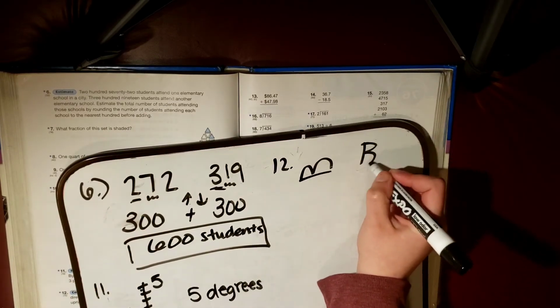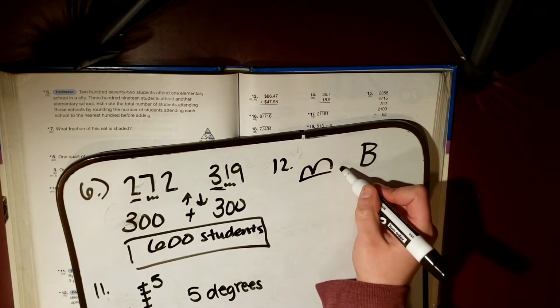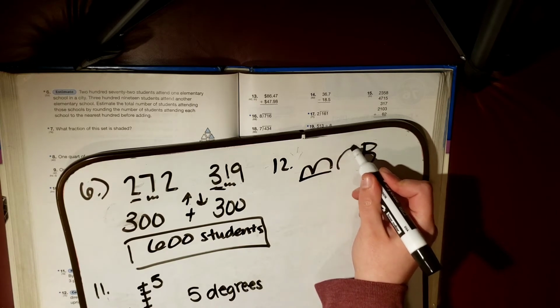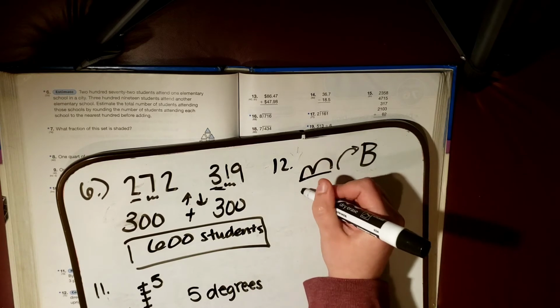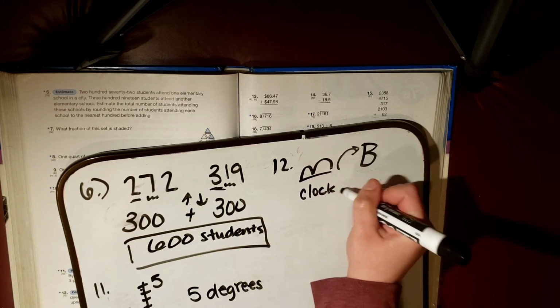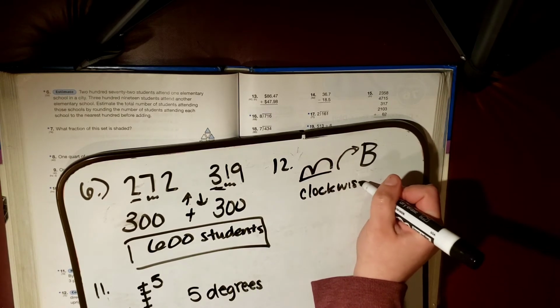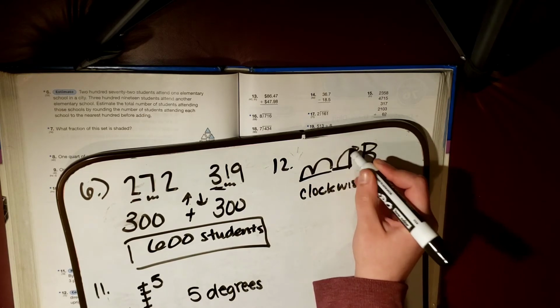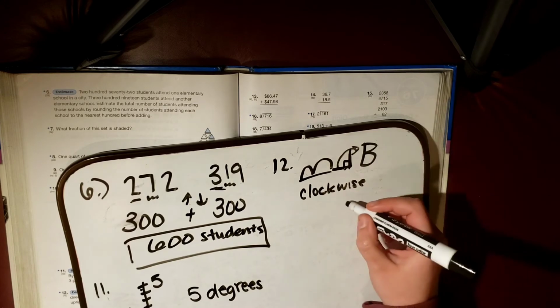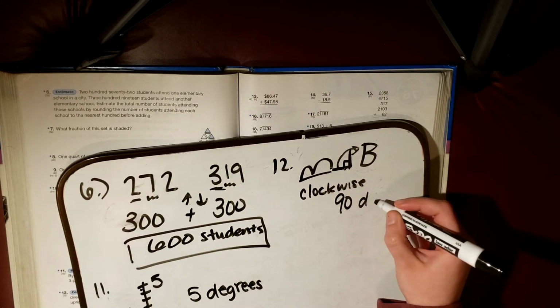He wants to look like that. So how is he going to get there? He's going to have to get himself up and go that way. So he's going to the right, which means it's clockwise. And he started here, he goes to here. That is 90 degrees.